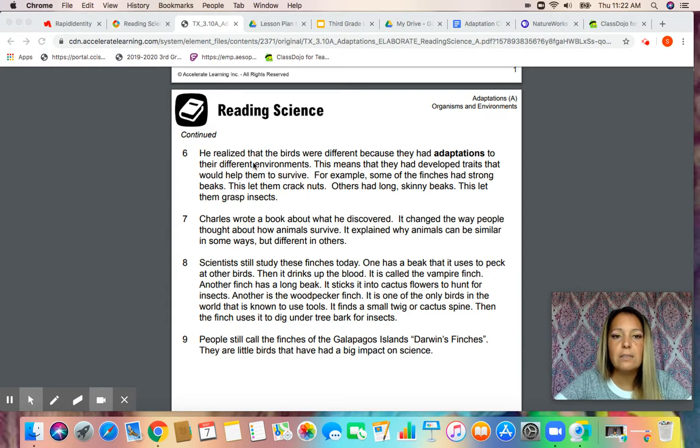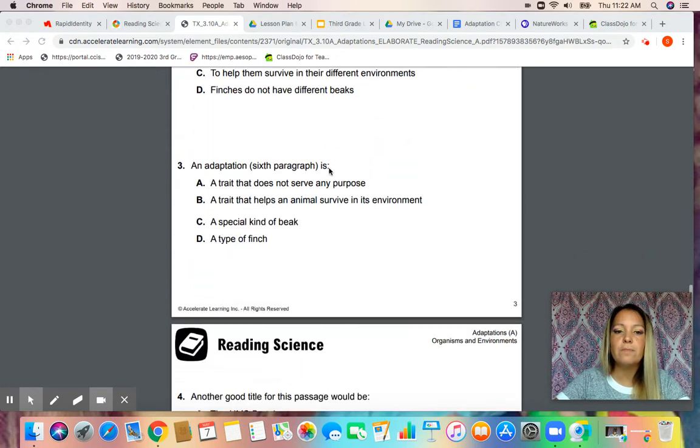And it reads, he realized that the birds were different because they had adaptations to their different environments. I'm going to read the next paragraph because it also helps me to understand that vocabulary word. This means that they had developed traits that would help them to survive.